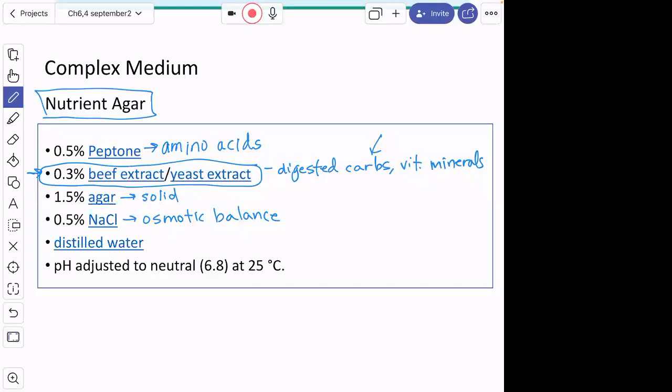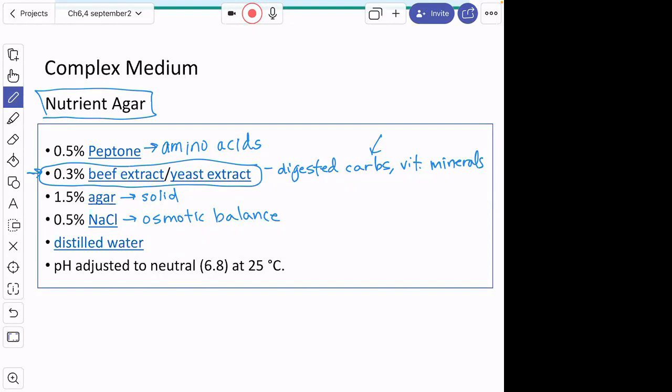But we want to make sure the medium's pretty close to isotonic. If you don't put enough solutes in there, then the bacterial cells are going to lose water, and that's bad when cells dehydrate. They're not going to reproduce and grow if they are dehydrating.